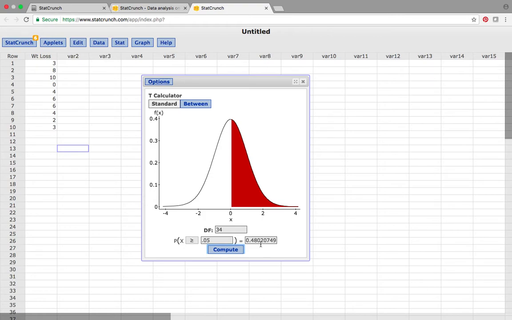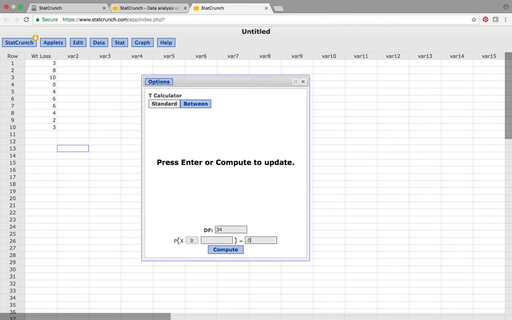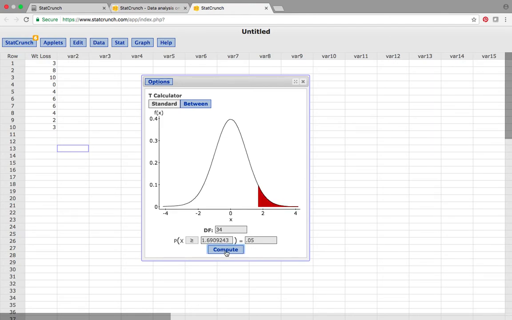So the t-value, no, guys, I'm wrong on that. The area above is going to be 0.05, so I need the t-value that creates that. So 1.69 is going to be the t-critical that divides this distribution into 5% above and 95% below. Okay?